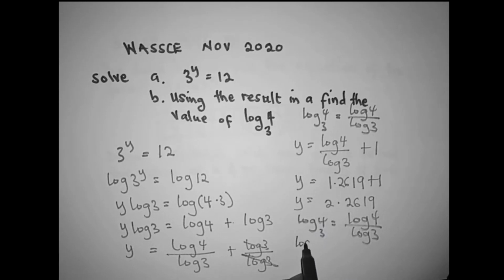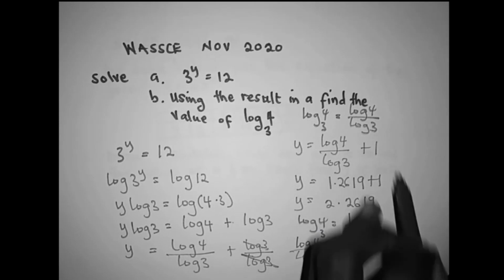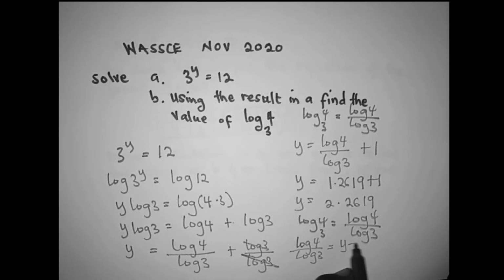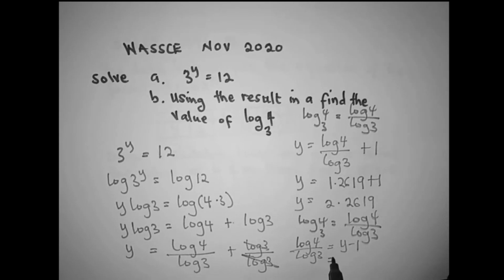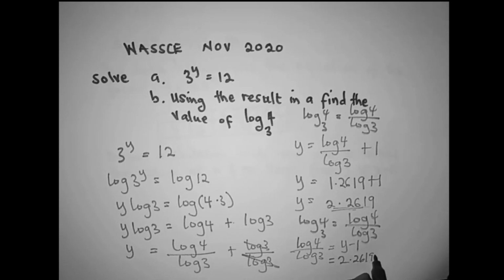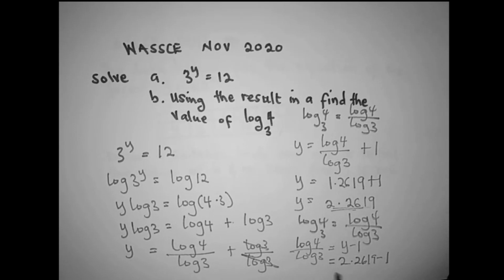It is equal to, we take 1 to the other side, y minus 1. We already know the value of y, so this is 2.2619 minus 1, and this is equal to 1.2619.